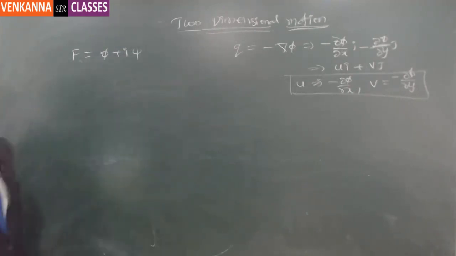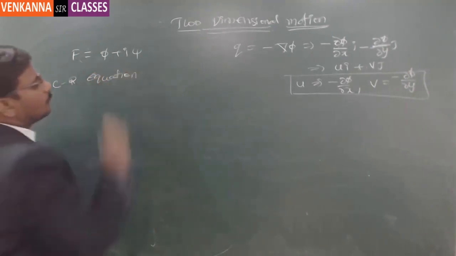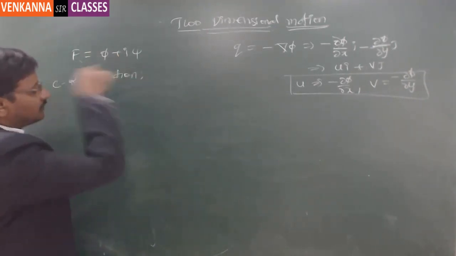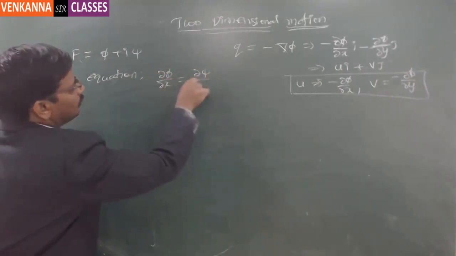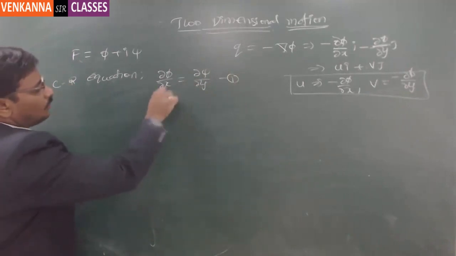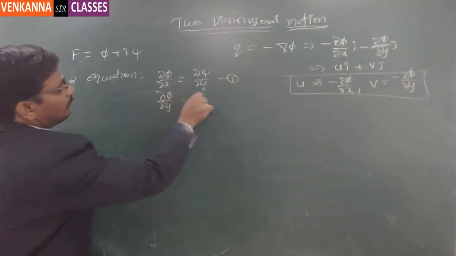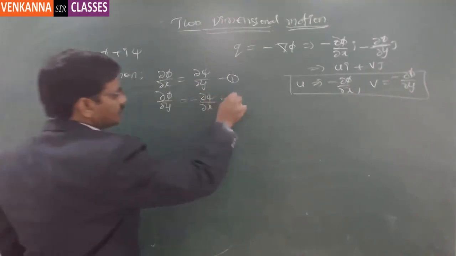So what do the CR equations state? In complex analysis, we proved the CR equations, that is dou phi by dou x is equal to dou psi by dou y. This is one. And another equation is dou phi by dou y is equal to minus dou psi by dou x. So this is equation number 2.